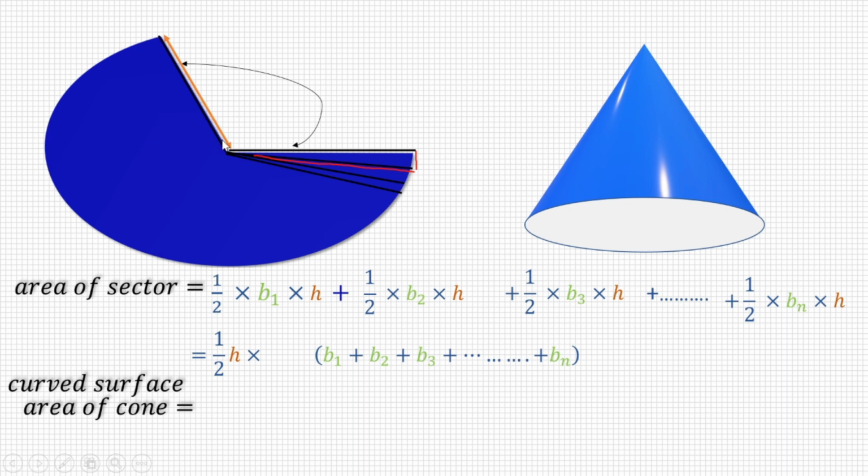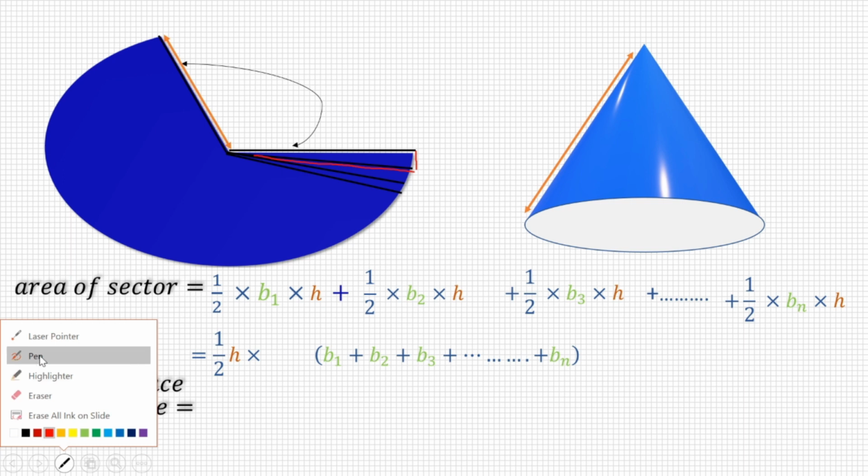This H of the sector is actually the radius of the sector, but we're not interested in this. We just want to see what this H becomes. When we join this to this, the H of the sector actually becomes the slant height of the cone.